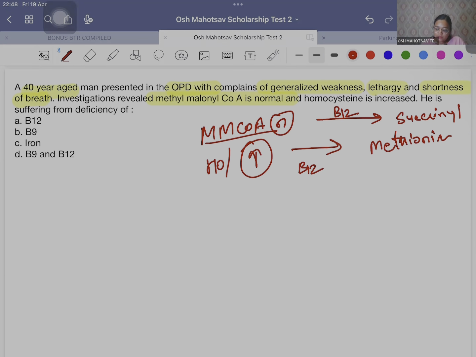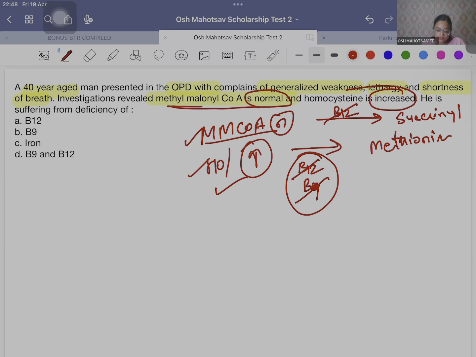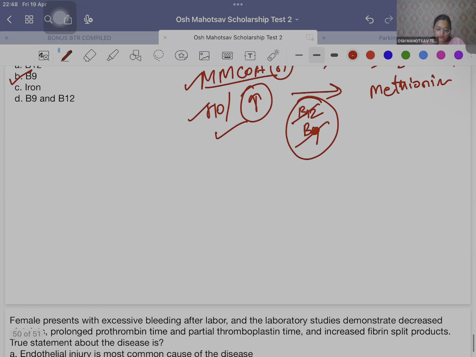Homocysteine conversion is mediated by vitamin B12 plus vitamin B9. If there is deficiency of B9 only, then we have a defect only with homocysteine. If B12 is deficient, we have a defect with both. Here MMA is normal, only homocysteine is increased, so the answer will be B9, folic acid deficiency or folate trap.